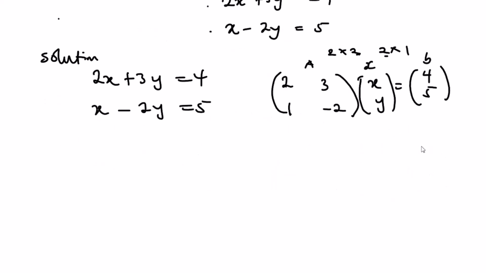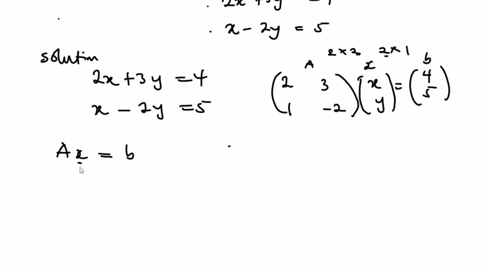Now, in a normal sense, you see that A is multiplying the x variable here, and it's equal to b. We are solving for x. So in a normal sense, we are going to multiply by the inverse of A, so that this one can go to 1.